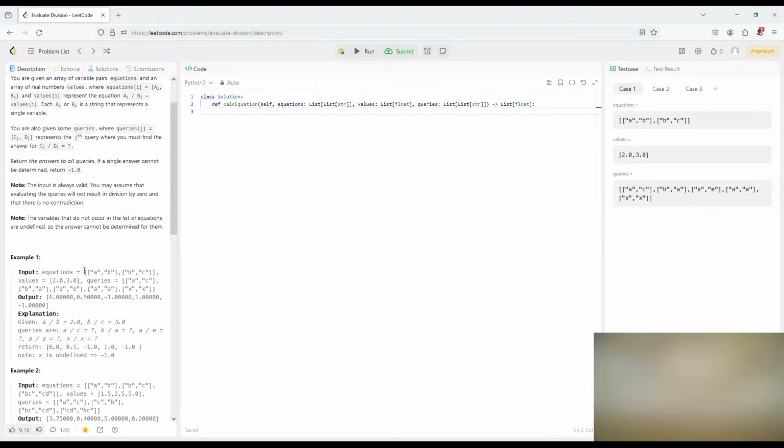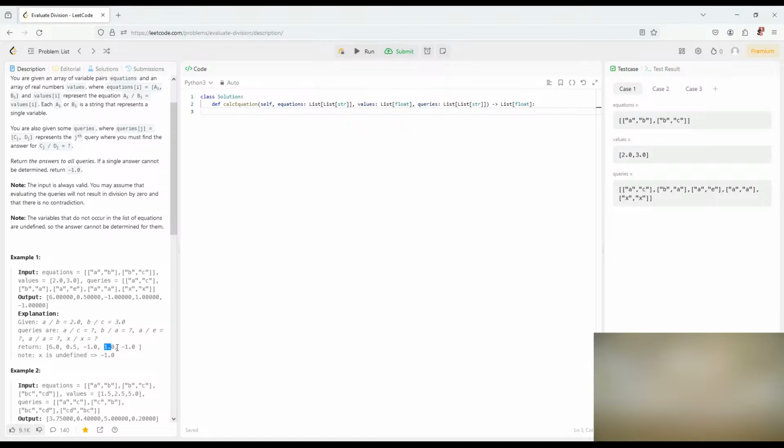Example: equations are AB and BC, values are 2 and 3, queries are AC, BA, AE. How can we have E? We don't have an E representation here. So A divided by B equals 2, B divided by C equals 3.